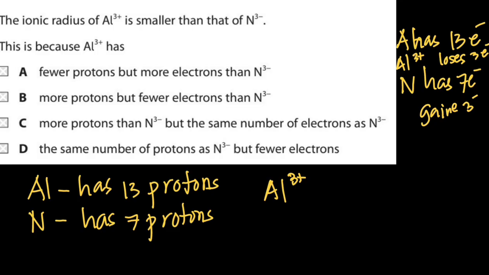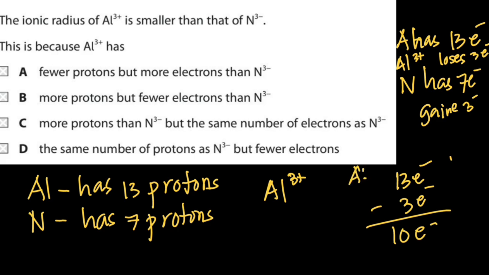Originally the neutral aluminum has 13 electrons, and it loses 3 electrons, so that is minus 3. So it has a total of 10 electrons. For nitrogen, it originally has 7 electrons, and then it gains extra electrons because it has a negative charge. So we just add 3 electrons. So it has a total of 10 electrons too.